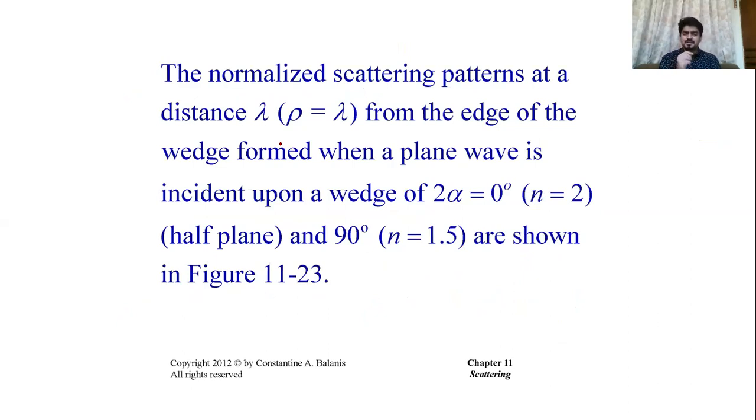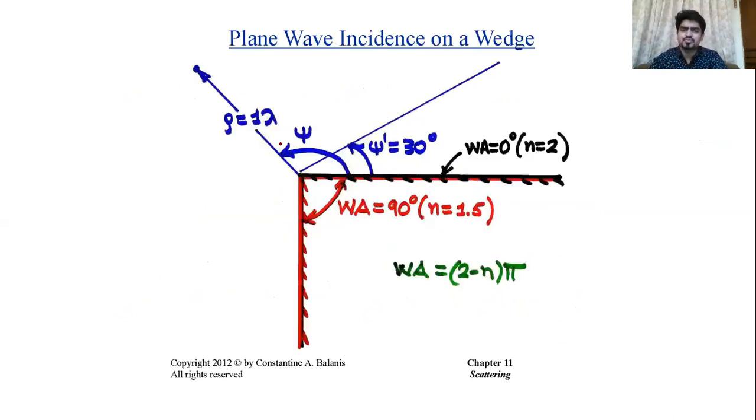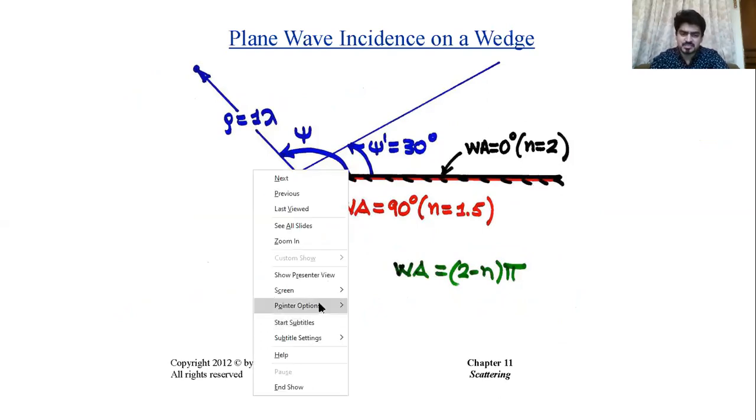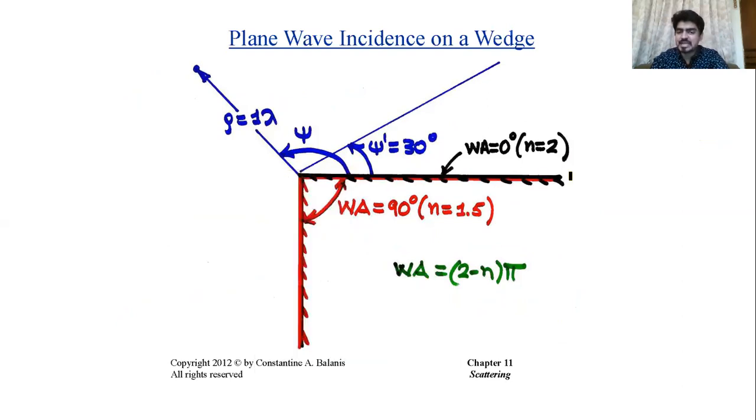Another thing is we can show, let me just go to the plot itself, that we can consider two wedges. The first case, as I mentioned, is a half plane, which is highlighted by this black solid line. Let me highlight that using yellow. So this is your first wedge, simply a horizontal plate. That is the first case, and you can define that using n equals 2.